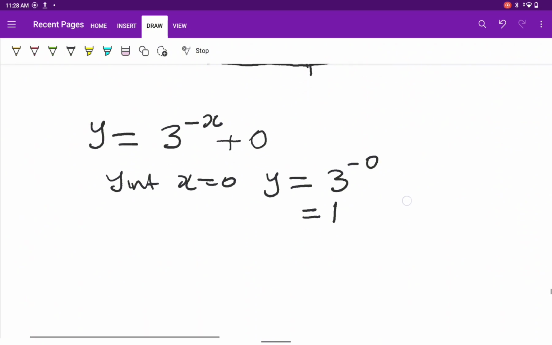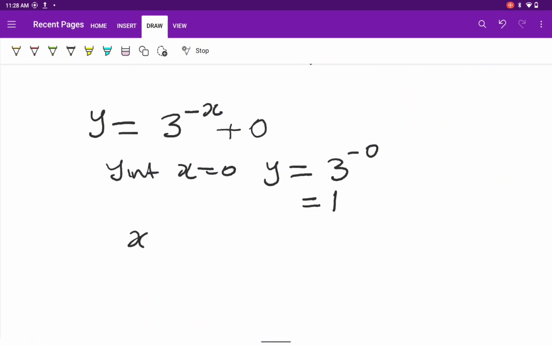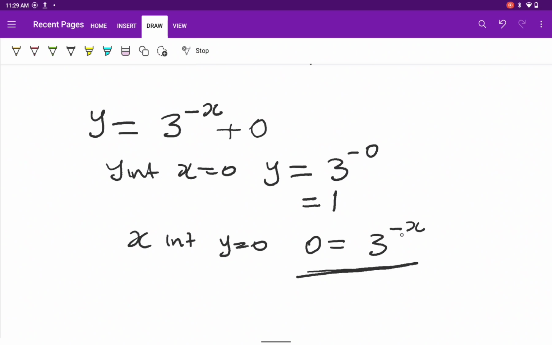So if we try to calculate the x-intercept, we know that the y value is 0, so we will have 0 equals 3 to the power -x. Now there's no way we can solve for x here. There's no number that we can substitute there and get a 0, so this one is undefined.